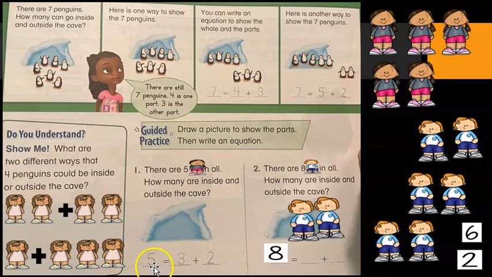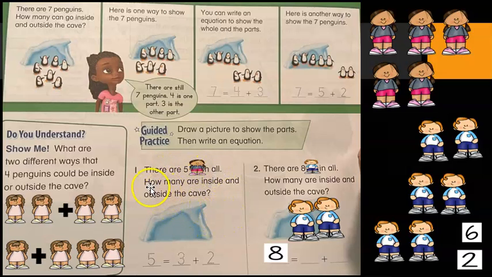Look at this. 5 equals 3 plus 2. When you really look at it, you're going to say 3 plus 2 equals 5. But how many girls are all together here? 5, because right here it also says there are 5 girls in all.